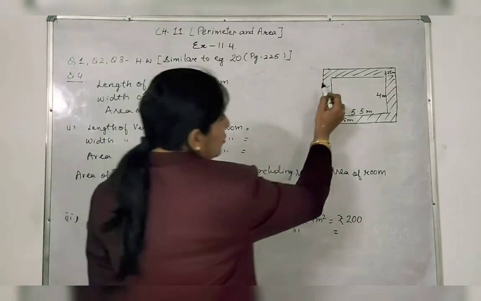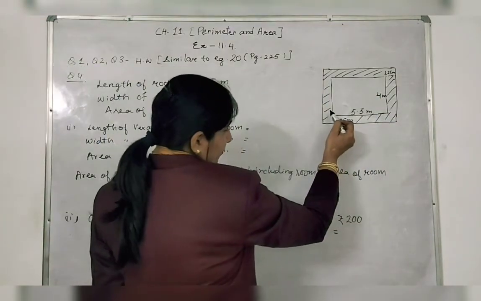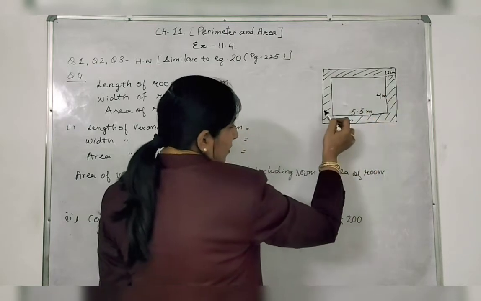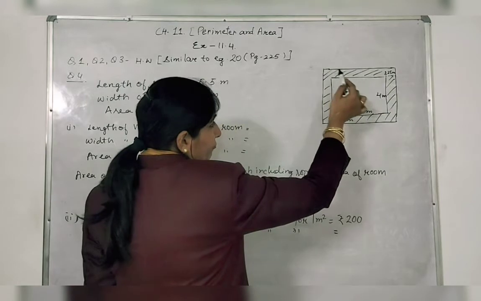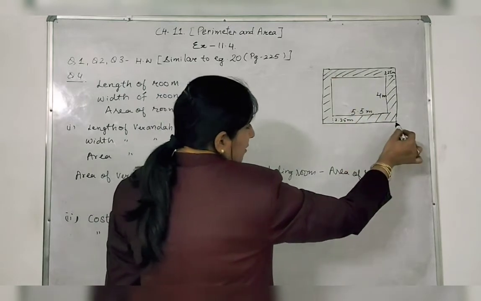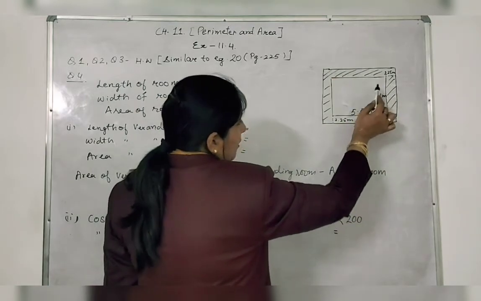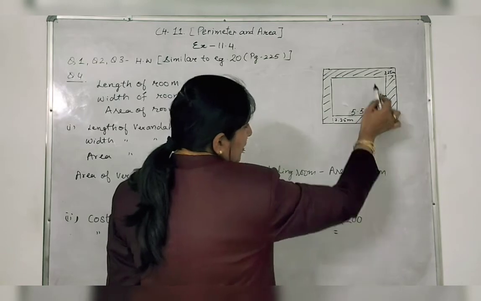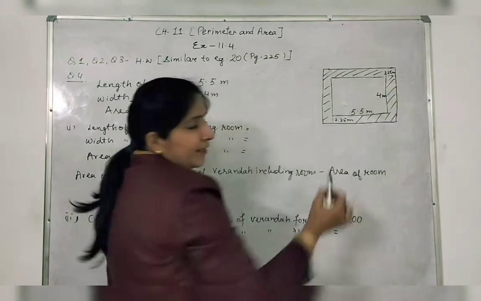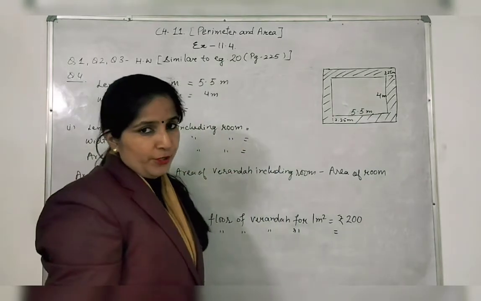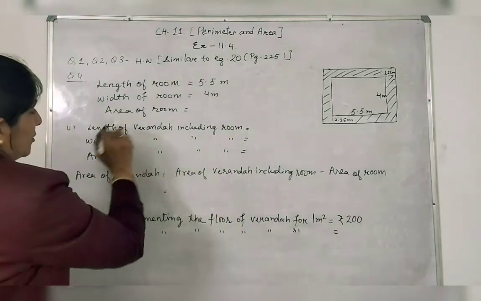We will find the area of the room first, because to calculate the area of the veranda, we need the area of the complete veranda plus room and the area of the room, so that we can subtract the smaller rectangle from the bigger one to get the area of the shaded portion. So we are going according to that.